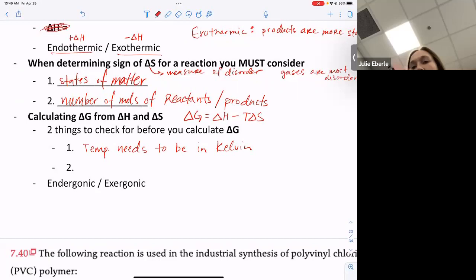Number two is what? What else do we have to check before we just plug our numbers in?